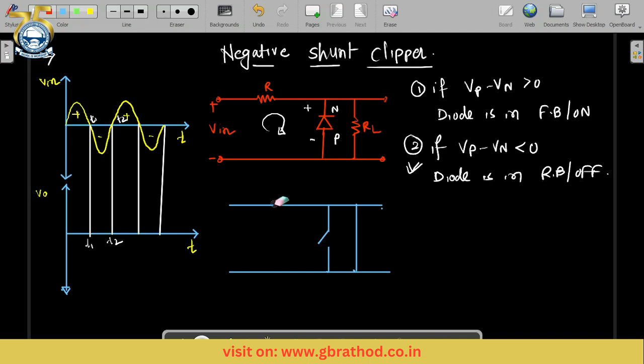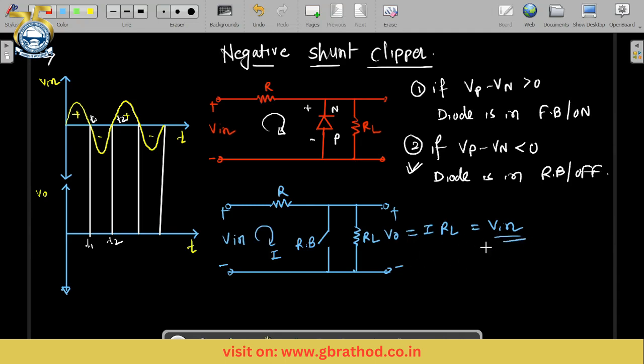Over here are the components: this is the source resistance, this is our load resistance RL. Now we'll check the V input positive half cycle. The diode is in reverse bias, so current will flow this way. Over here we are checking our V output, which equals I into RL, and that is nothing but V in.